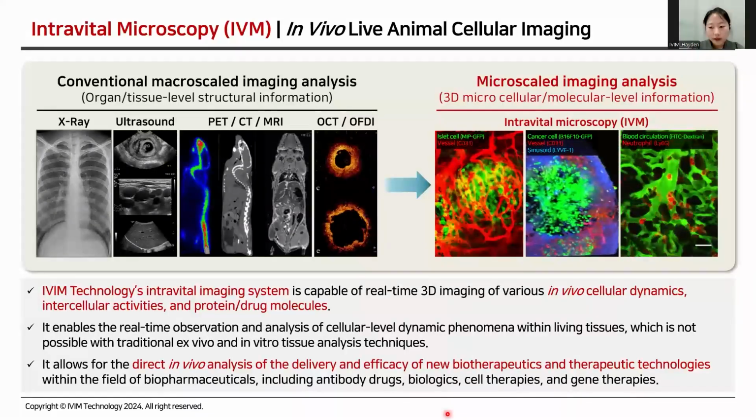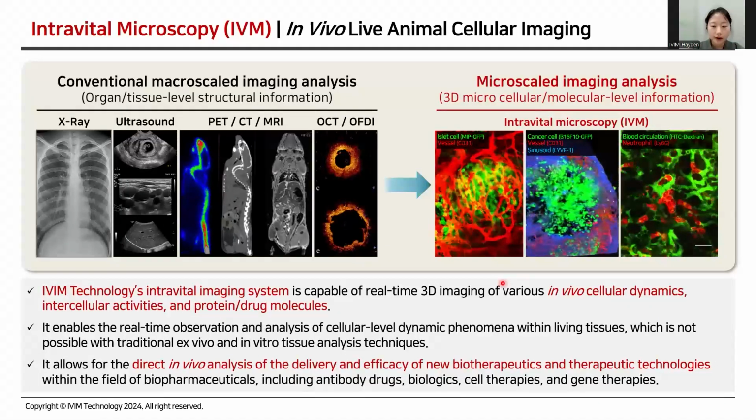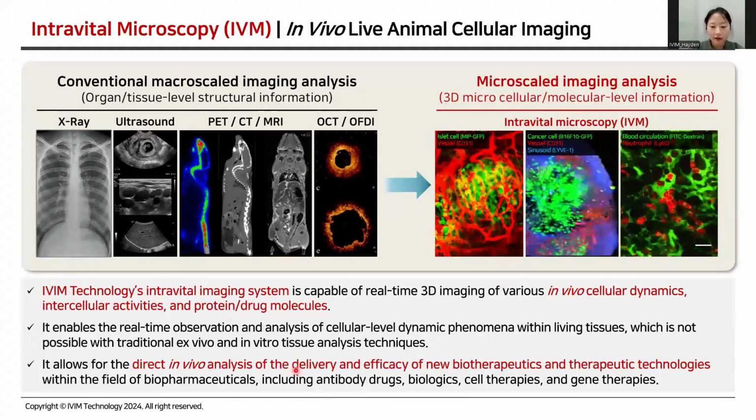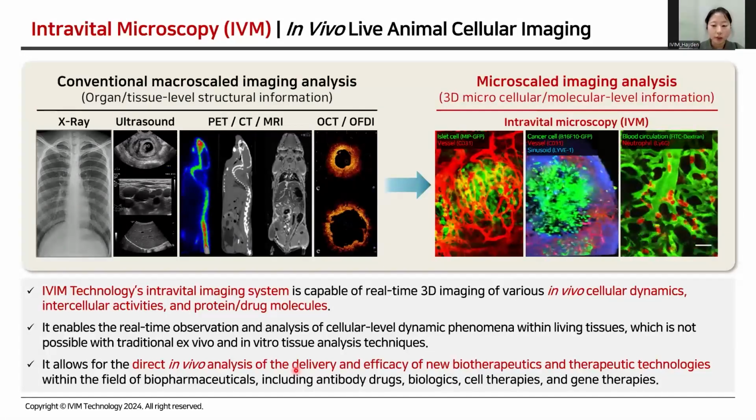Utilizing this superb IVM system, you could acquire real-time 3D imaging of various cellular activities and molecular works directly, which allows for the direct visualization and analysis of delivery and efficacy of newly designed pharmaceutical compounds in preclinical studies.